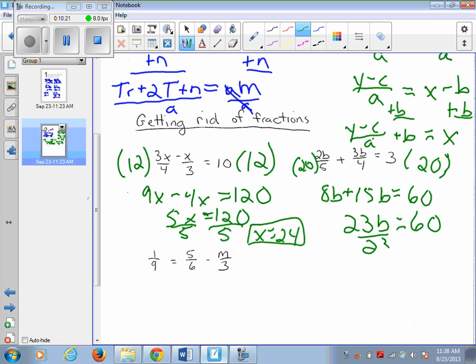Divide both sides by 23, and you get b equals 60/23, that is as reduced as it gets. If you want to go with a mixed fraction, it is equal to 2 14/23.